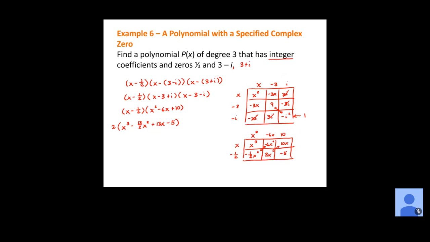That'll get rid of the fraction and give me only integer coefficients, and it will not change any of my zeros. So that's going to give us 2x cubed minus 13x squared plus 26x minus 10. And so this would now be our polynomial, has a degree of 3, has the appropriate zeros, and it only has integer coefficients this time.